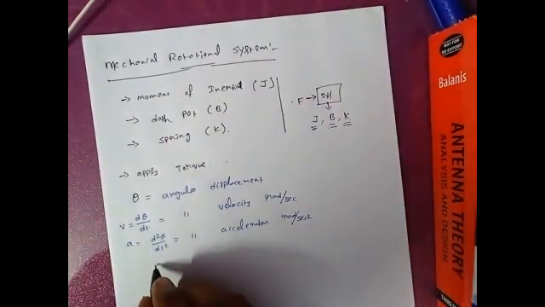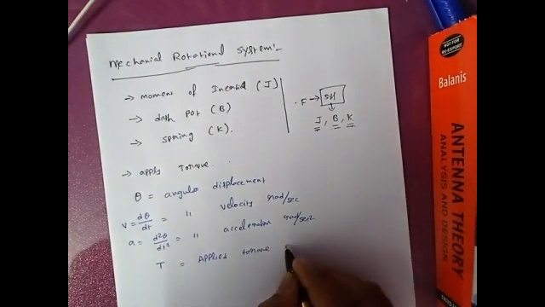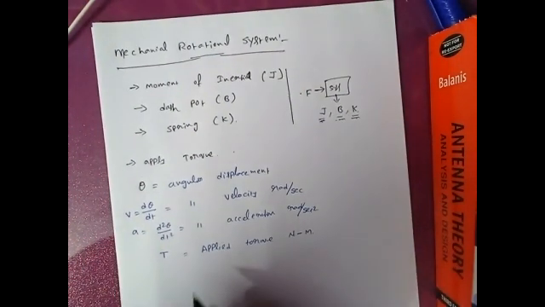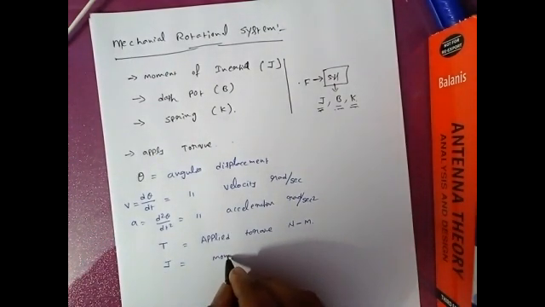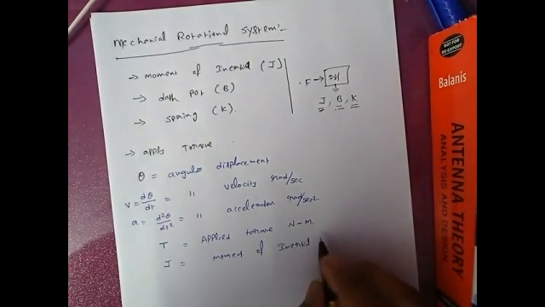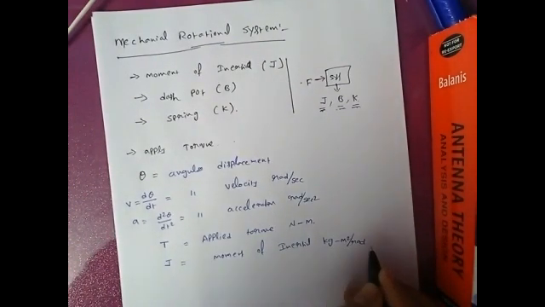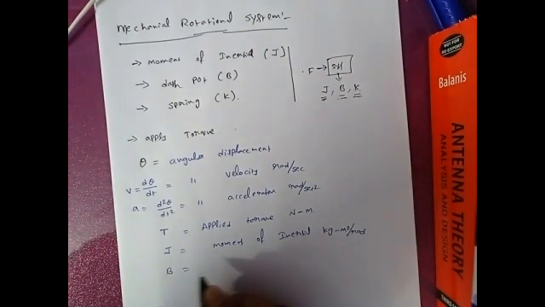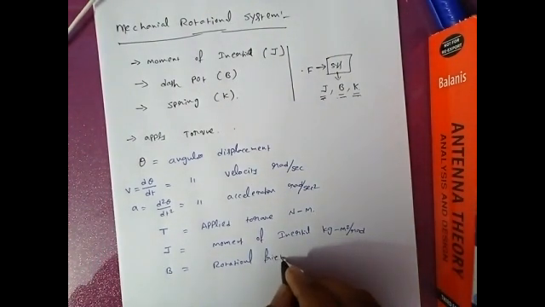Now we'll use T for the applied force or applied torque. The unit for this is Newton meter. The moment of inertia coefficient is J, the moment of inertia, which we have already discussed. Its unit is kg meter square per radian. And B is the rotational frictional coefficient.